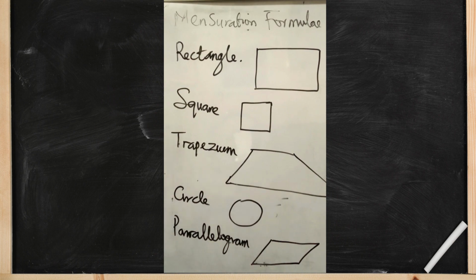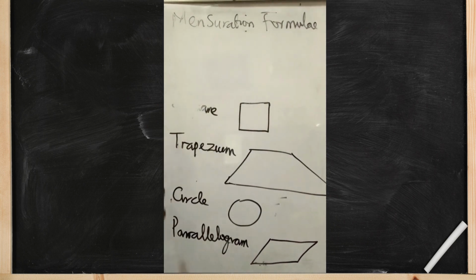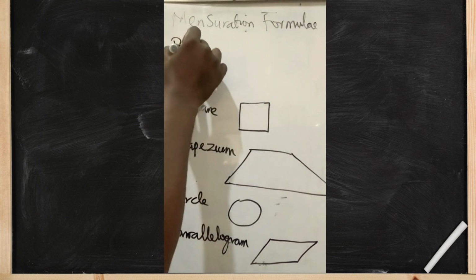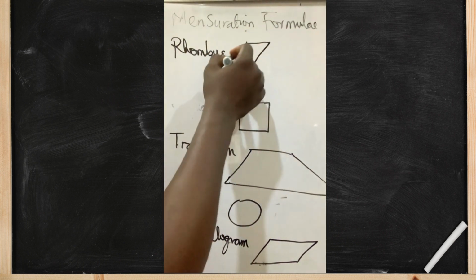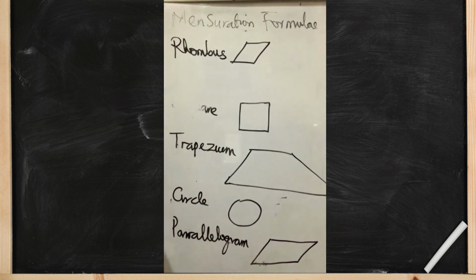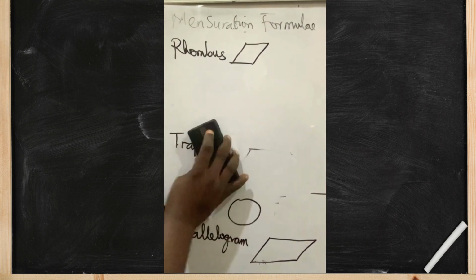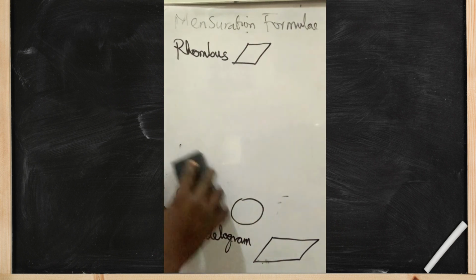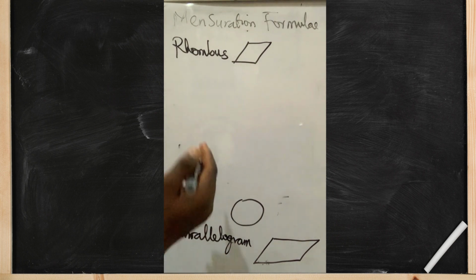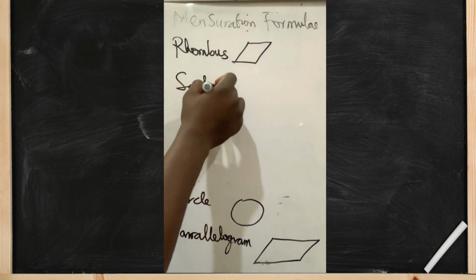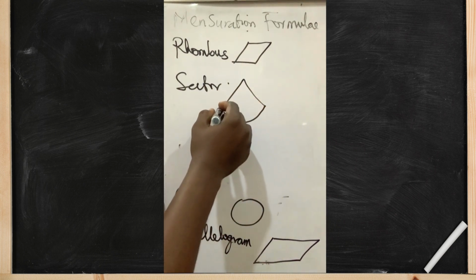The rhombus is drawn this way. Rhombus and square have things in common, that all sides are equal. Then after the rhombus, we can also consider a sector as a plane shape. A sector being two-dimensional.